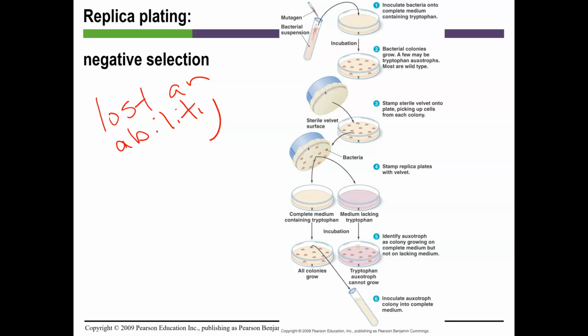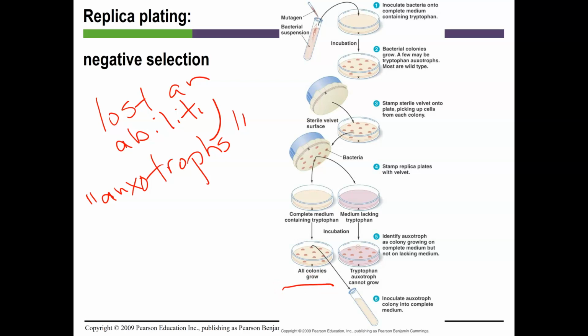When you plate a mixed population of wild type and tryptophan auxotrophs, that's the term for cells that lost an ability compared to wild type, all cells grow on the media with tryptophan in it.